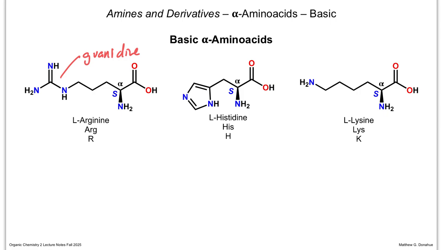Histidine has an imidazole. That 5-membered ring with 2 nitrogens is called imidazole, and we spent some time talking about basicity of nitrogen lone pairs. So that's the relevance of that concept to this.